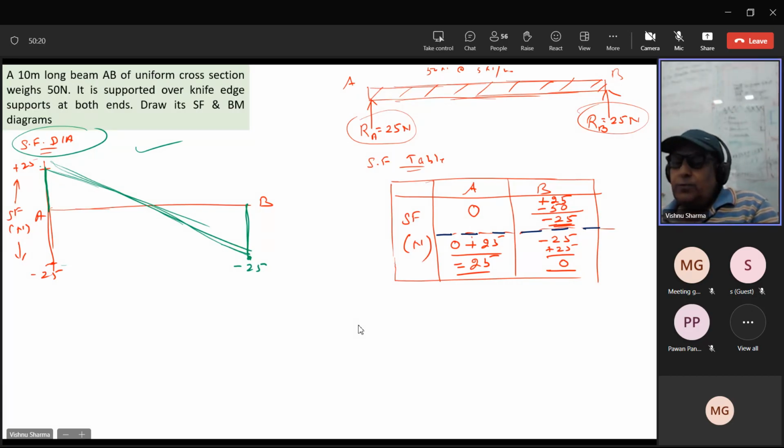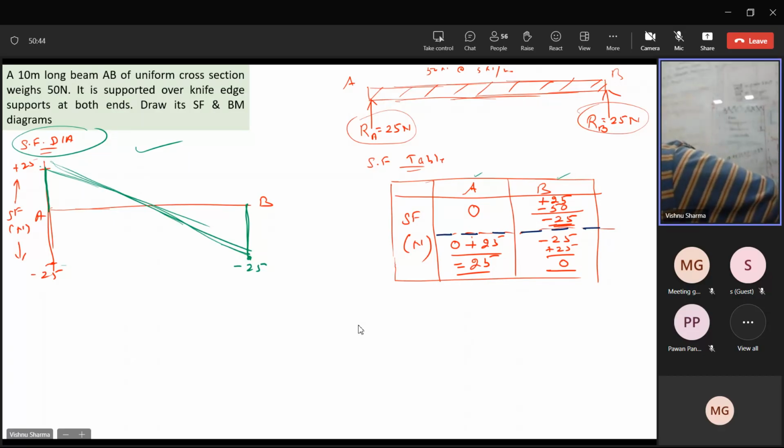Guys, any questions up to the shearing force diagram before we go to the BM table? Now, somebody who was speaking, better come in. Now I think your point is valid. Okay, come in now. Yes, sir. Now, for BM, you have to take both A and B because they were used for SF.